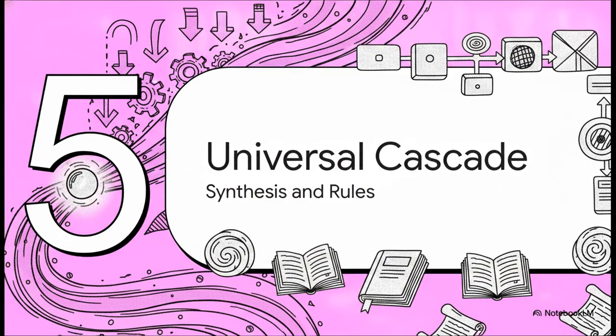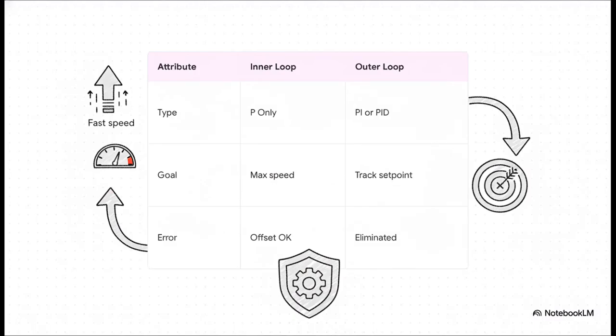Which brings us to Section 5, the Universal Cascade Principle, Synthesis and Rules. What's absolutely beautiful about these controller design rules is that you rarely need highly advanced, complex model-based tuning. For the inner secondary loop, proportional or P-only control is often totally perfect. The goal there is just maximum speed.